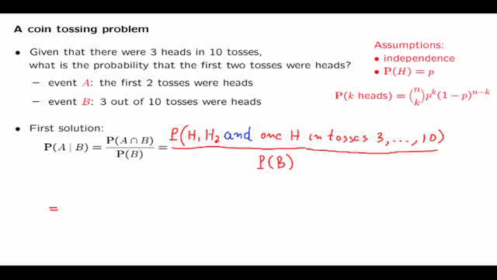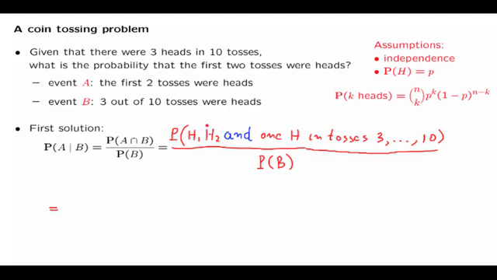So let's continue with the numerator. We're talking about the probability of 2 events happening: that the first 2 tosses were heads, and that in tosses 3 up to 10 we had exactly one head. Here comes the independence assumption. Because the different tosses are independent, whatever happens in the first 2 tosses is independent from whatever happened in tosses 3 up to 10.